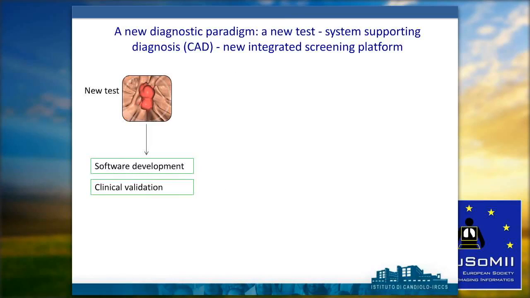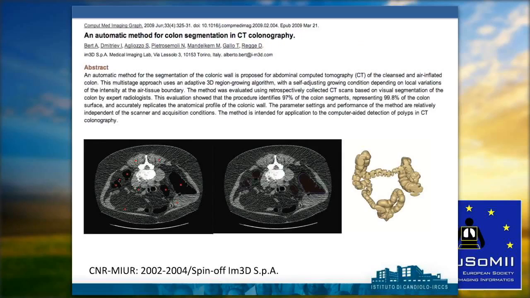We really started from scratch in the sense that in 2002 we started developing software, and we thought a nice test could be virtual colonoscopy. We started developing our own software, and we clinically validated this software. This is just one of the articles we published on this, and we developed a method for automatic segmentation of the colon, basically with automatic positioning of seeds within the colon lumen.